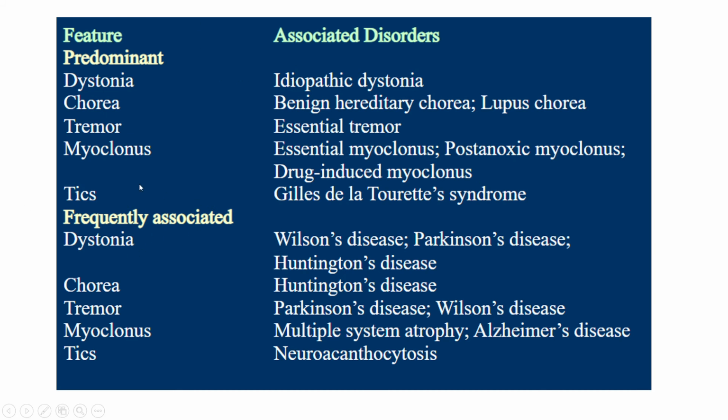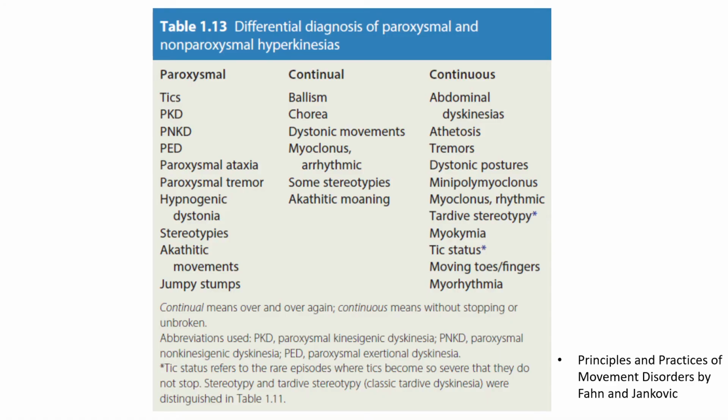Frequently associated movement disorders: Wilson's disease and Parkinson's disease frequently have dystonia. Huntington's disease frequently has chorea. Parkinson's disease and Wilson's disease frequently can have tremor also. In multiple system atrophy, an atypical Parkinsonian syndrome, myoclonus may frequently be associated. And in neuroacanthocytosis, tics are frequently observed. So these may help us reach a certain diagnosis.